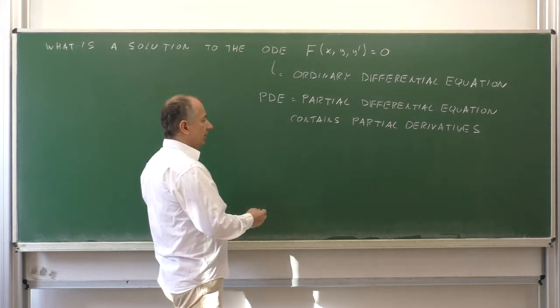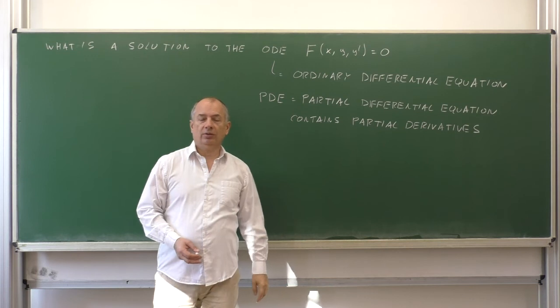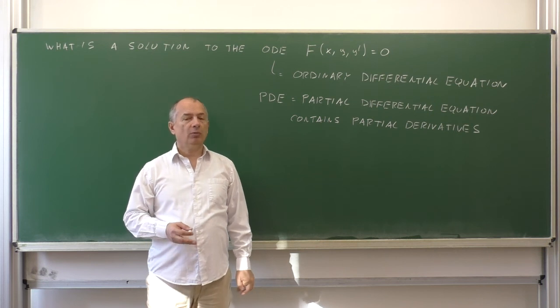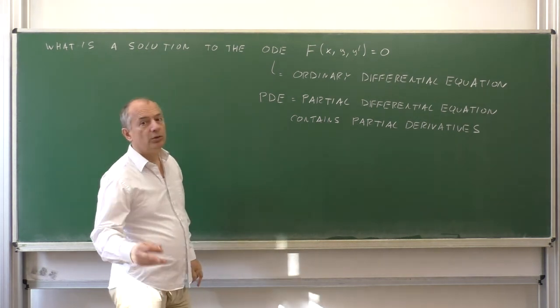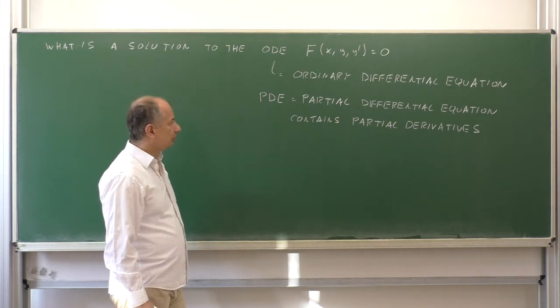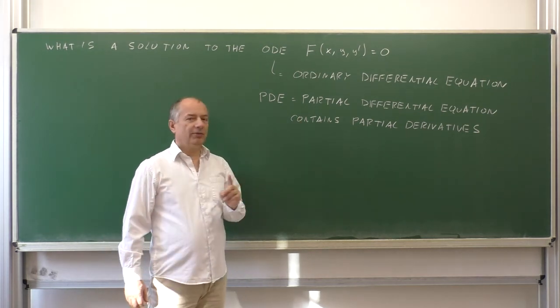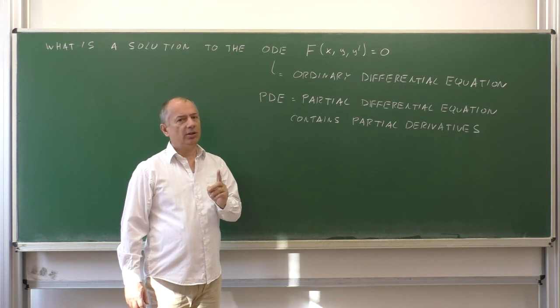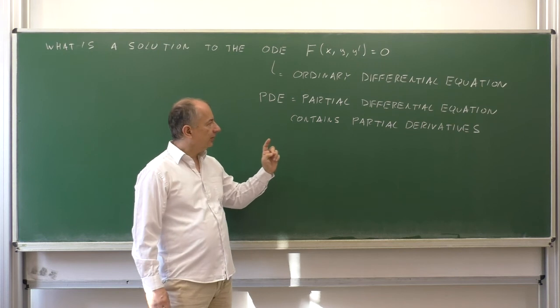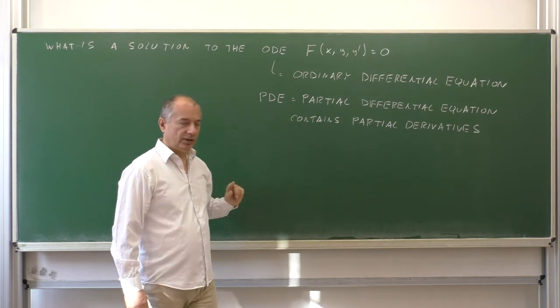An example is the Maxwell equations of the electromagnetic field, or the equation of diffusion, or heat convection, which you will discuss in more detail in next years. But the term partial derivative we will need in a few seconds, so let me talk a few seconds about partial derivatives.